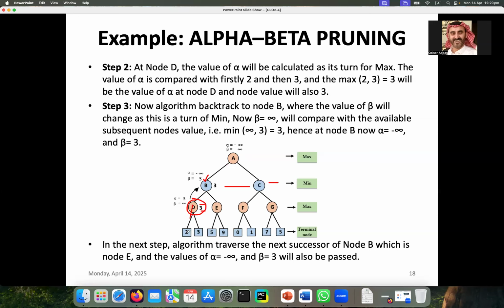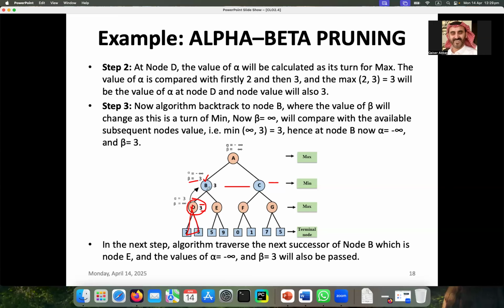So after executing this whole branch, the value of beta for the minimum player is also 3. If you get some lower value next, you will update the value of this beta. But take this, that the min player can have, at most, the value 3. Alpha is no doubt 3 up to this point.